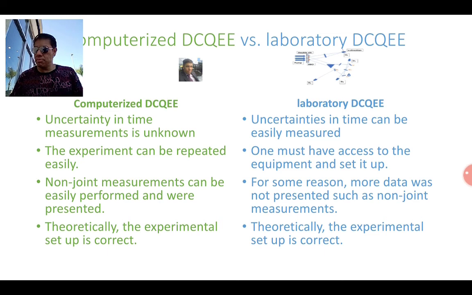And of course, over time, as quantum computers improve, maybe we'll have a way to measure the uncertainties, or we'll know for sure what the uncertainty in the measurements is.